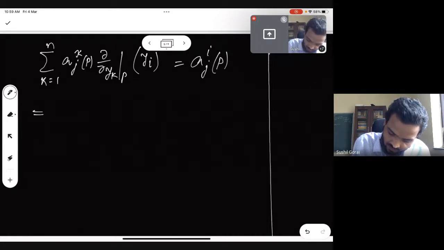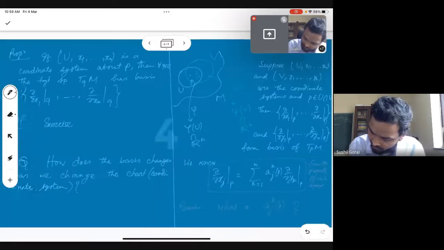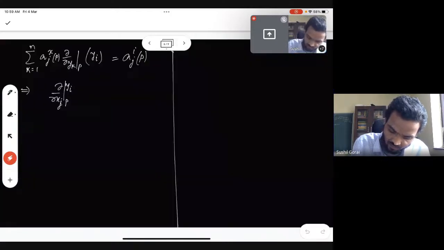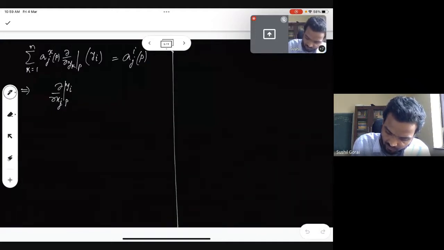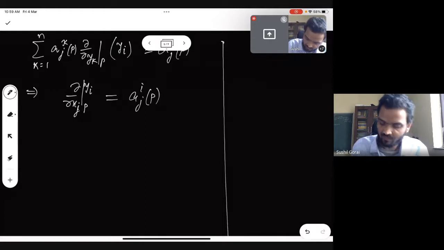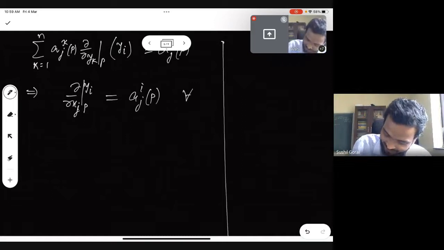On the left-hand side we apply yi on it, and this we get as a_ji at p. Make sense? And this is true for all p in U intersection V.